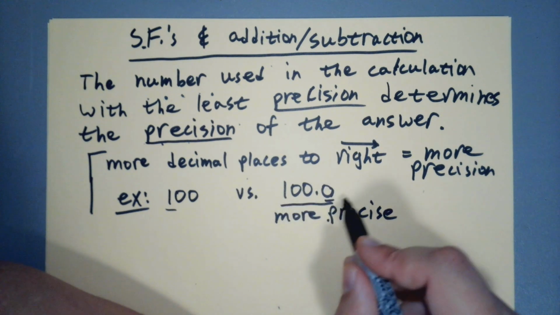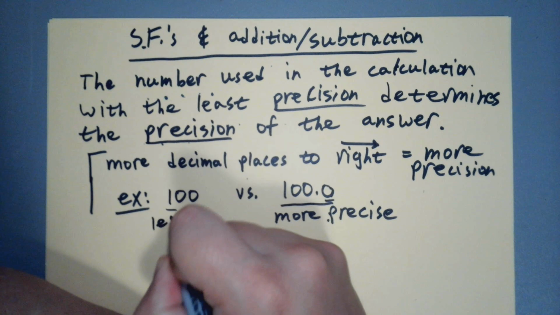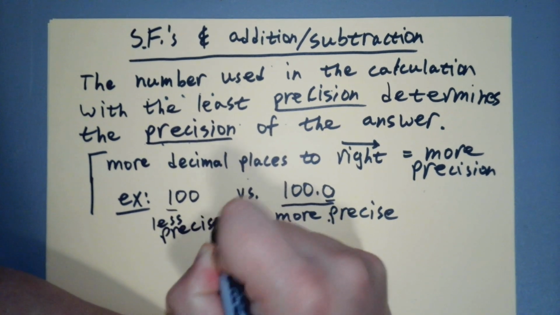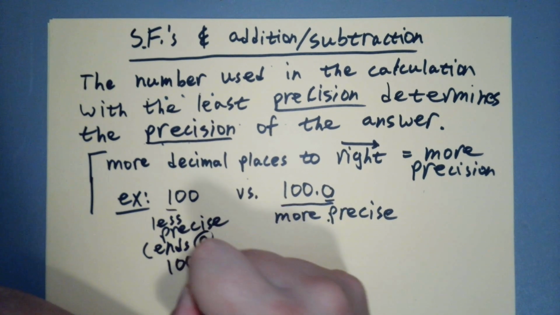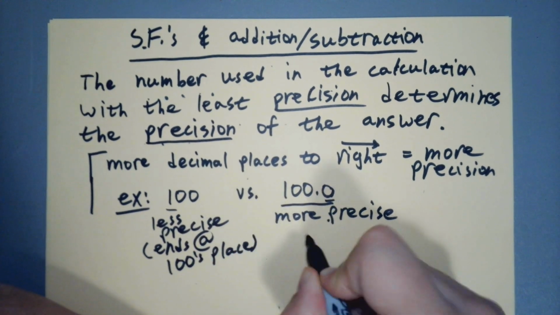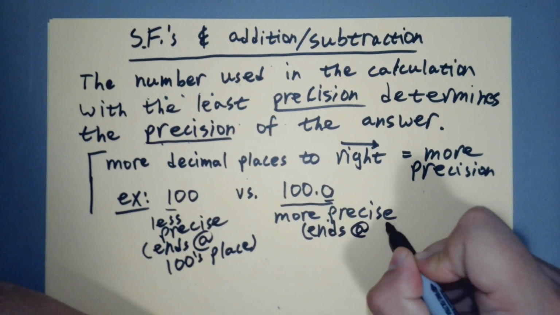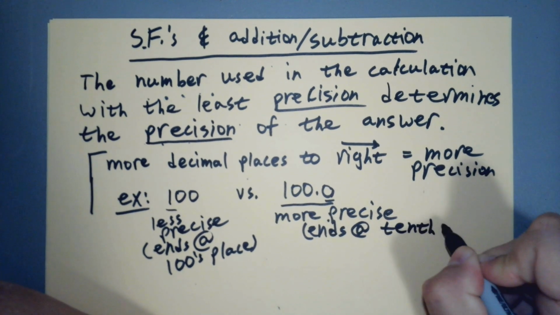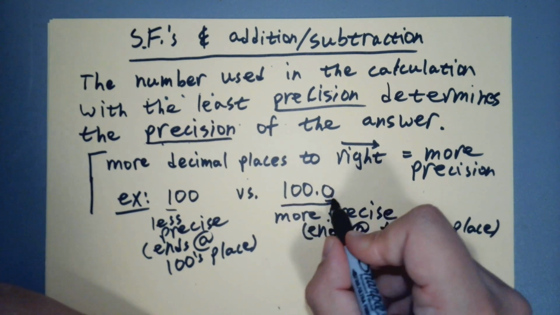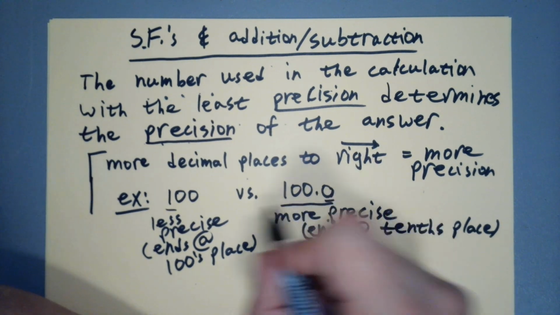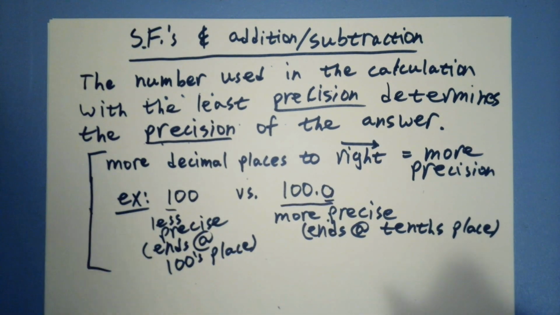So this one is significantly more precise than this number. It ends at the hundredths place. This is more precise because it ends at the tenths place. It goes farther to the right. It reports farther to the right. The last significant digit is farther to the right, and so it is more precise. So that's what we're looking at here.